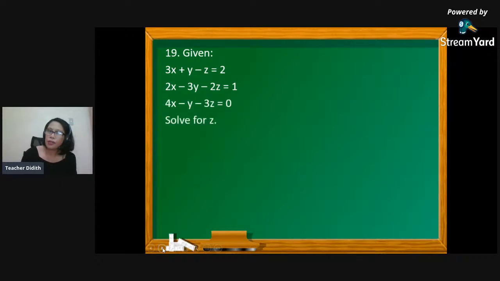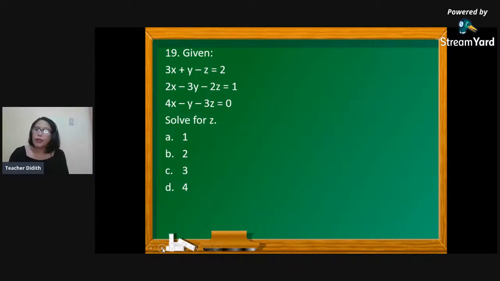This time you're asked to solve for z. And these are the choices. Okay? Sige, solve, solve, solve. So, since z is asked, let us try not to eliminate z. So, we can eliminate x or y. And we will do some renaming of equations because some of the coefficients are not the same or not the additive inverse of each other.